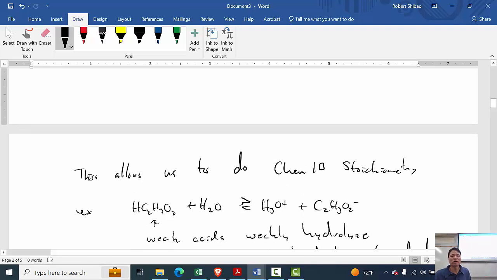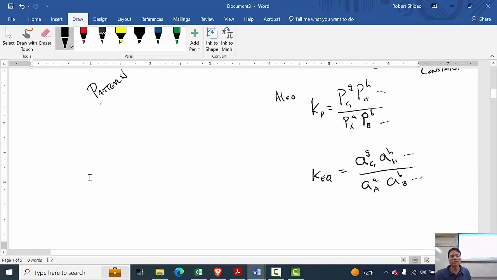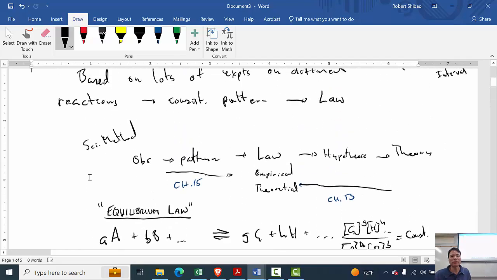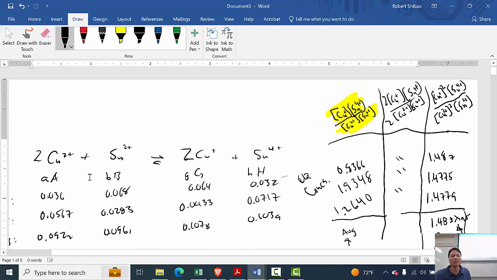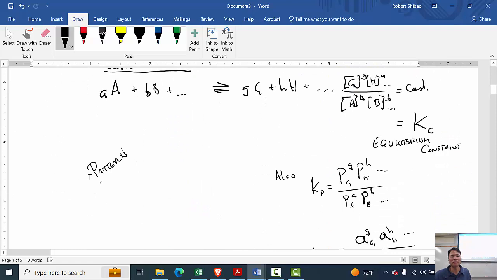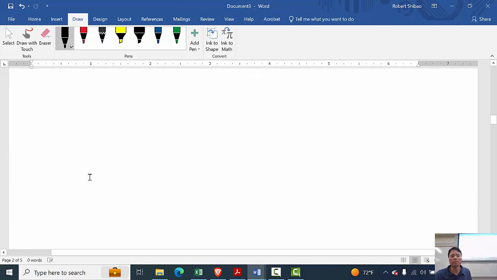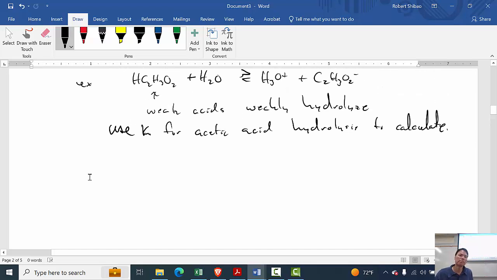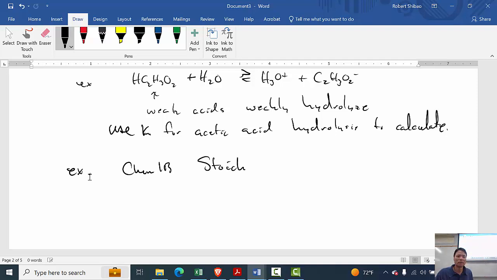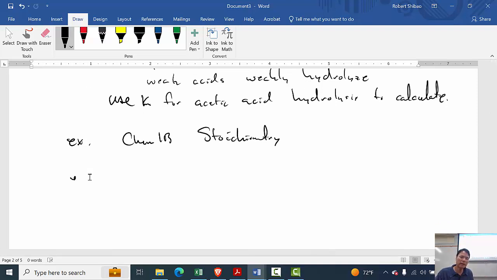So what we're going to do is this. We're not going to do acetic acid. We're just going to pick one of these earlier experiments and see, do we get the same numbers? So let's look at an example of Chem 1B stoichiometry. We'll go back to experiment 2.